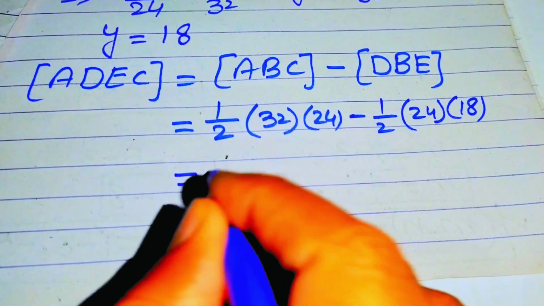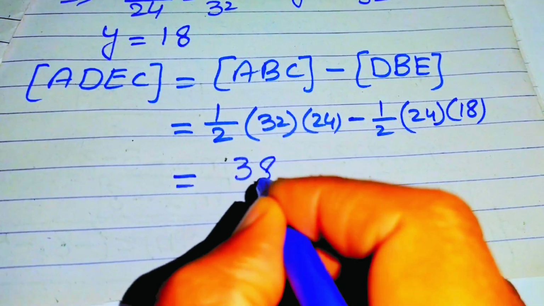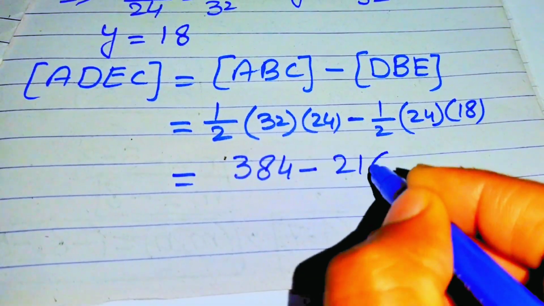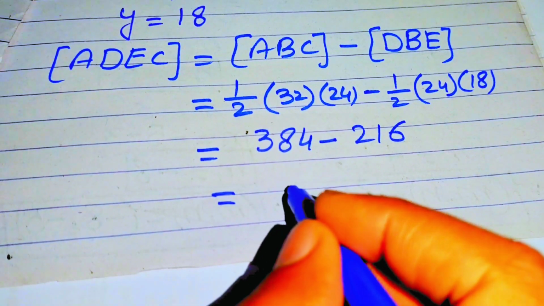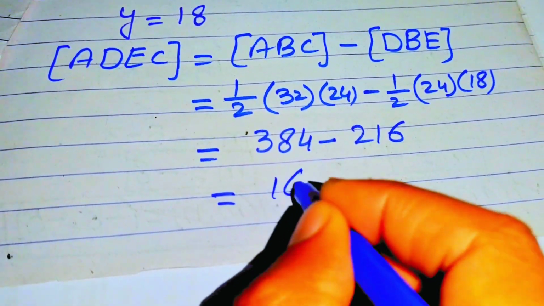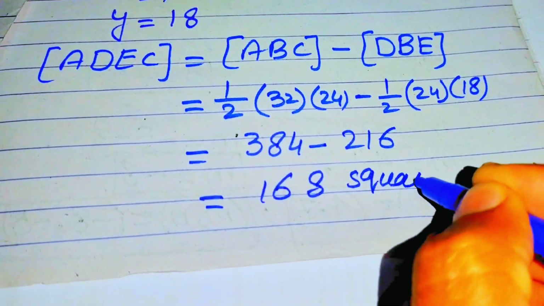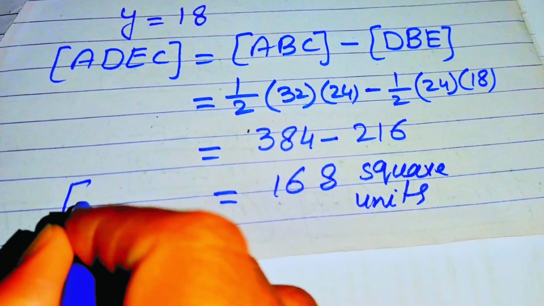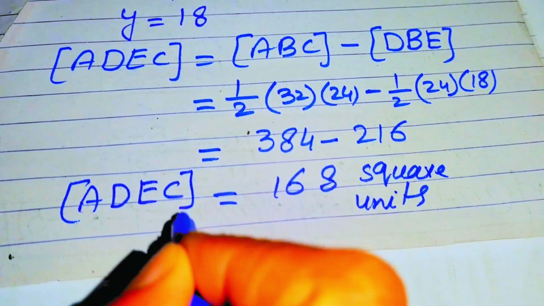Simplifying these two terms, this area is 384 minus this area 216, so our area of the shaded region becomes 168 square units. This is our required area of the shaded region ADEC.